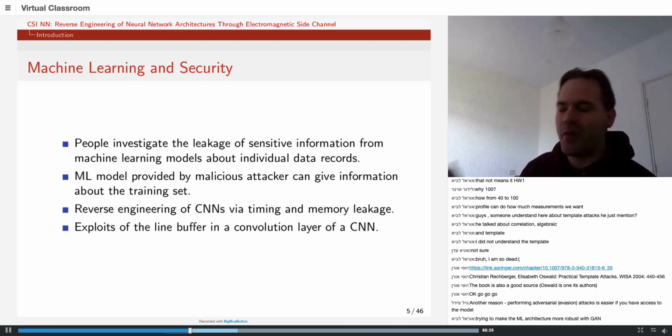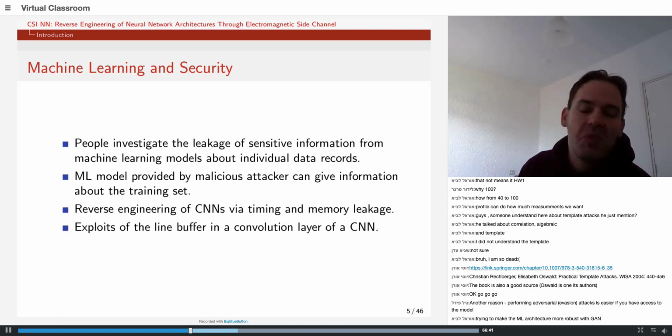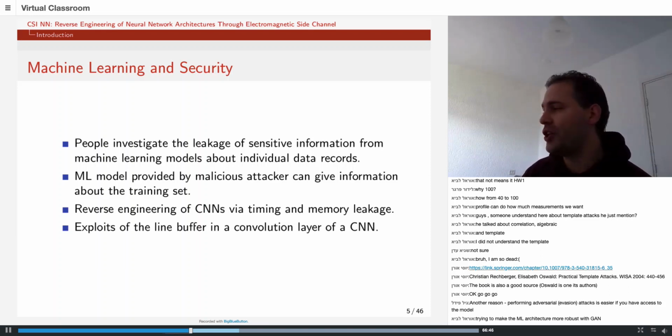Here I'm just writing a couple of examples of what people did before. For instance, they attacked convolutional neural networks via timing, via memory leakage, or you could exploit the line buffer in a convolutional layer when it's implemented in a certain way, and so on.